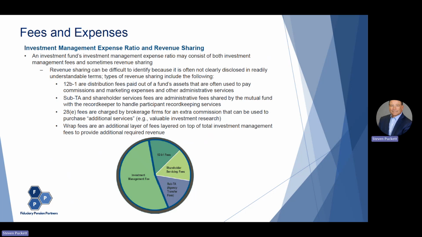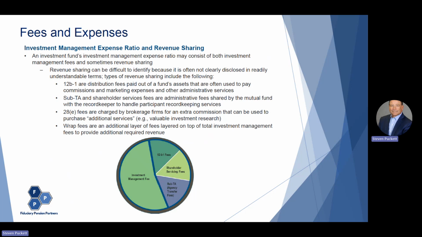Sub-TA and shareholder services fees are administrative fees shared by the mutual fund that go to pay the record keeper to handle participant record keeping services. These are services the mutual fund would normally have to do if it record kept the assets, but because the fund is in a 401k plan being record kept on a platform, the mutual fund can share those fees with the record keeping plan provider. 28(e) fees are charged by brokerage firms for extra commission that can be used to pay for additional services, typically the cost of research.